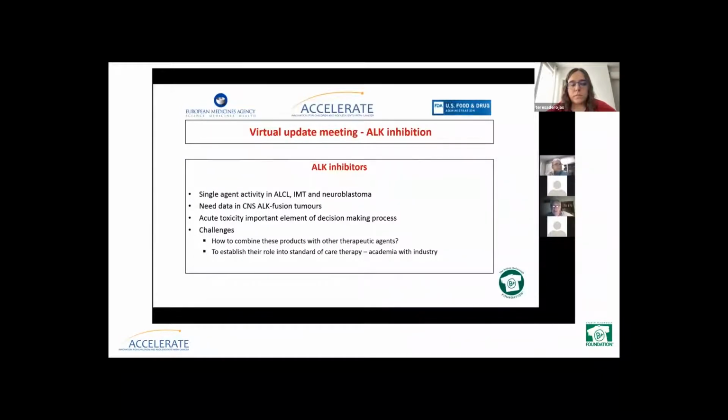We have repeatedly during the meeting highlighted that acute toxicity is an important element of the decision-making process. So I think the challenges now are how to combine these products with other therapeutic agents and how to establish their role in standard of care therapies.